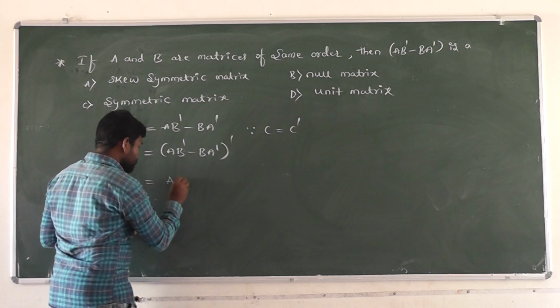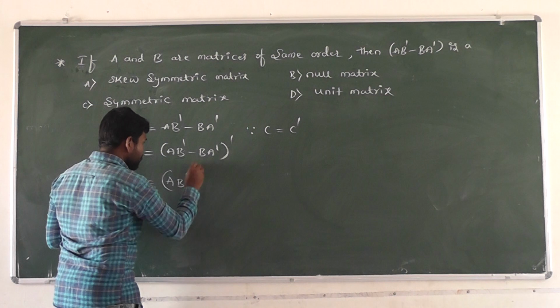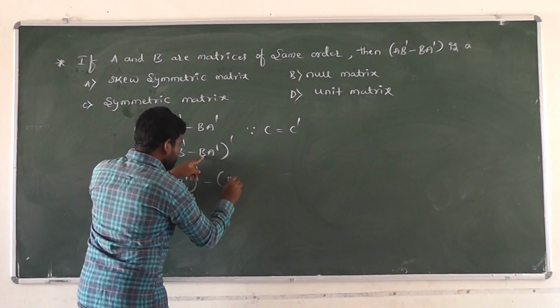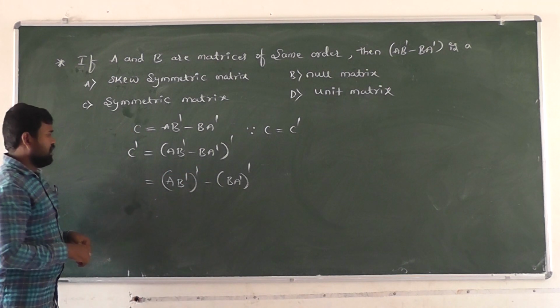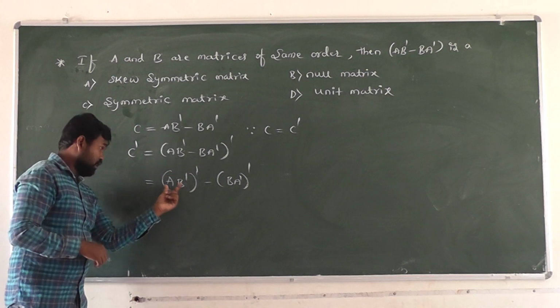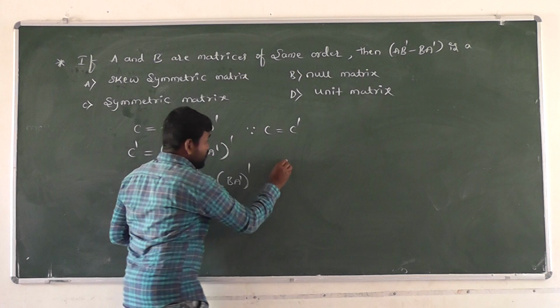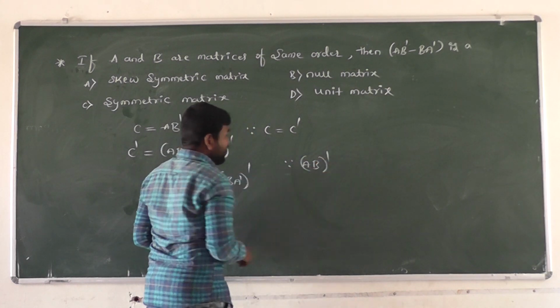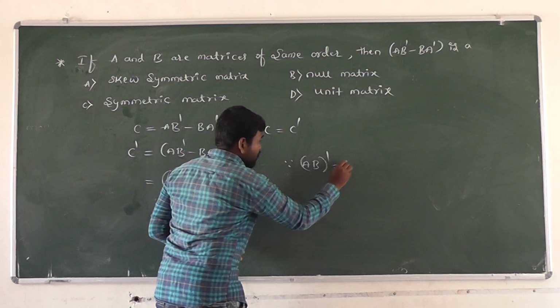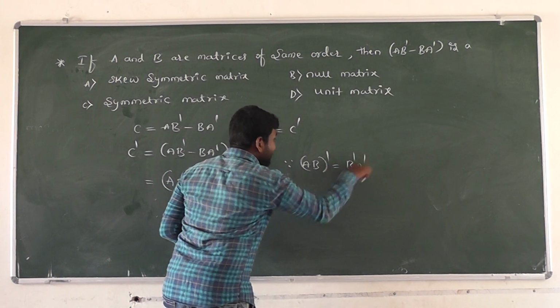A transpose minus B transpose, right? Then we have to consider A B transpose. We are using the property of the transpose of matrices: A B whole transpose is equal to B transpose into A transpose, right?